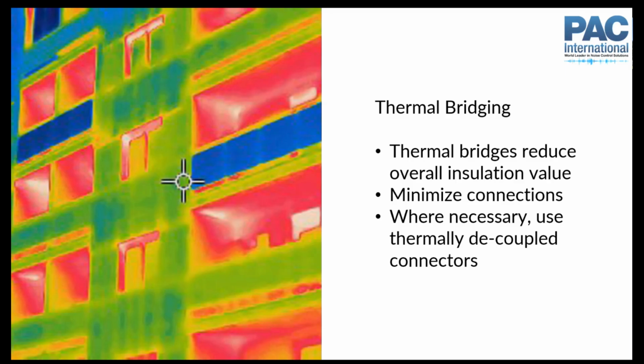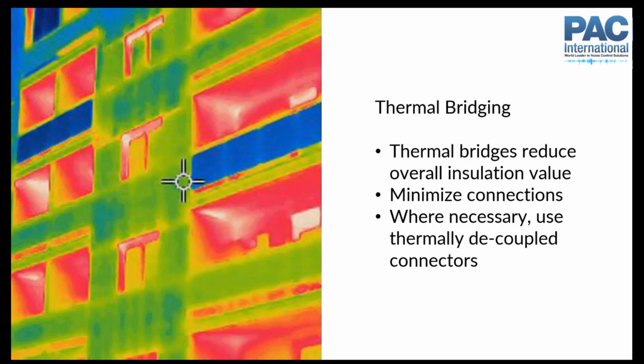So the overall R value of the wall, or I think U value is the other one, is actually lower than just the insulation itself because you have these connections. And so to improve the overall thermal insulation of the wall, we try and minimize those connections.